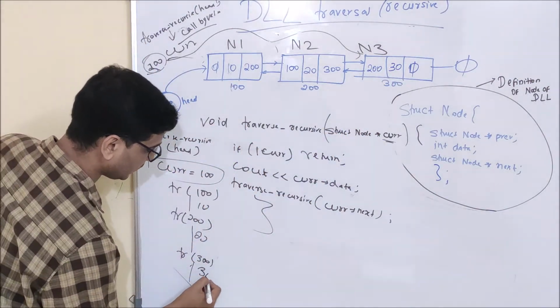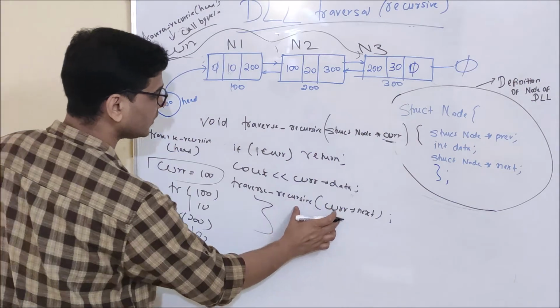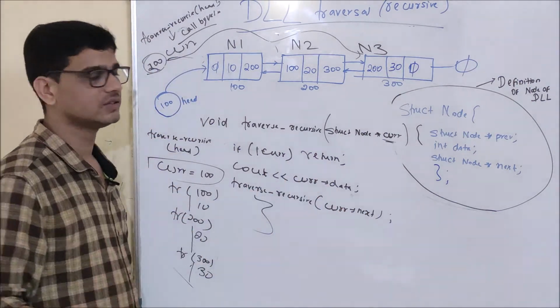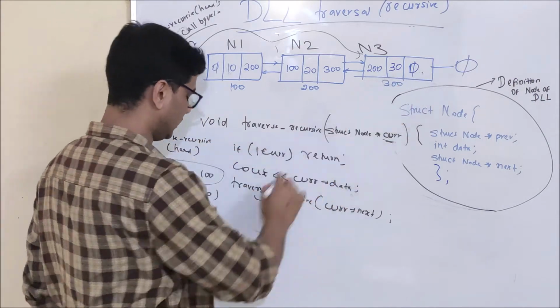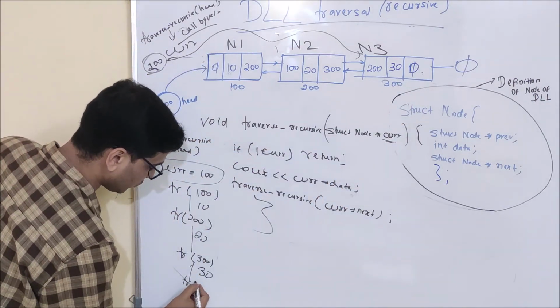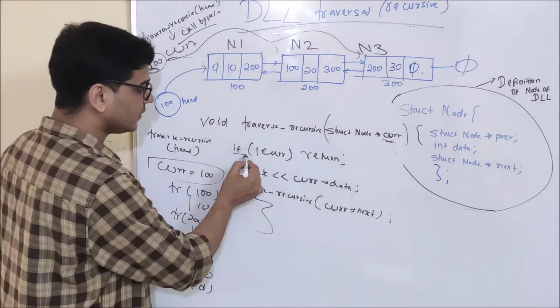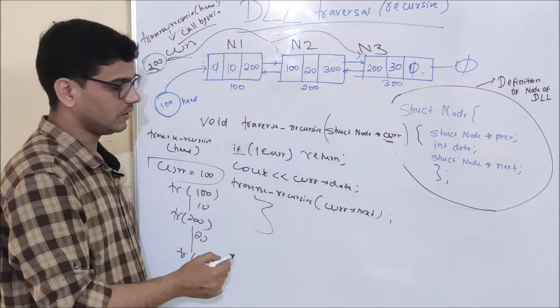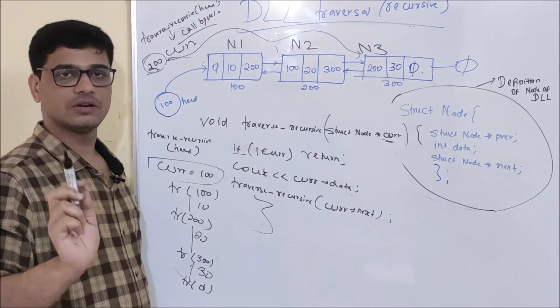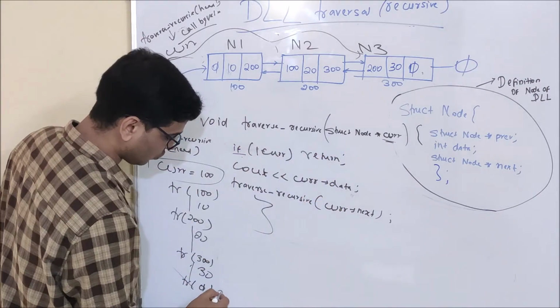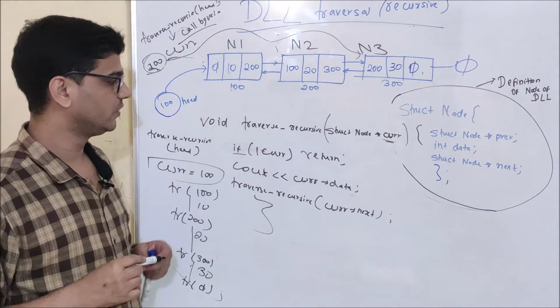So 30 will be printed, and in this line a function call will be made to traverse recursive current.next. And what is current.next? Null. So we will make a call to traverse recursive null, and when it is null, then current will be null, and it will check whether current is null or not. So this thing will be true, and our function call will terminate, that is it will return.